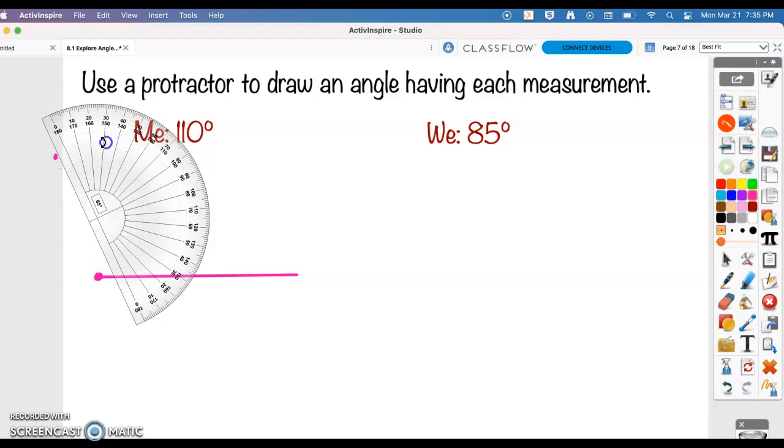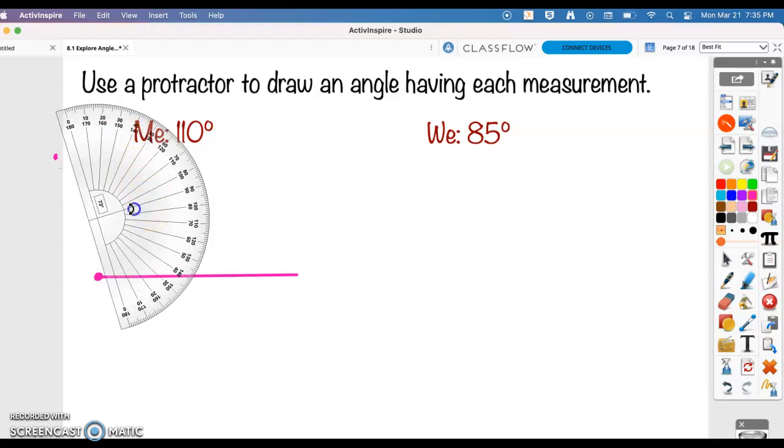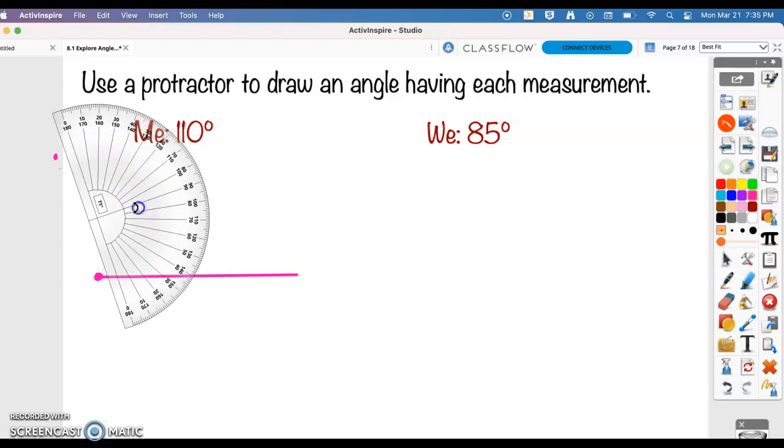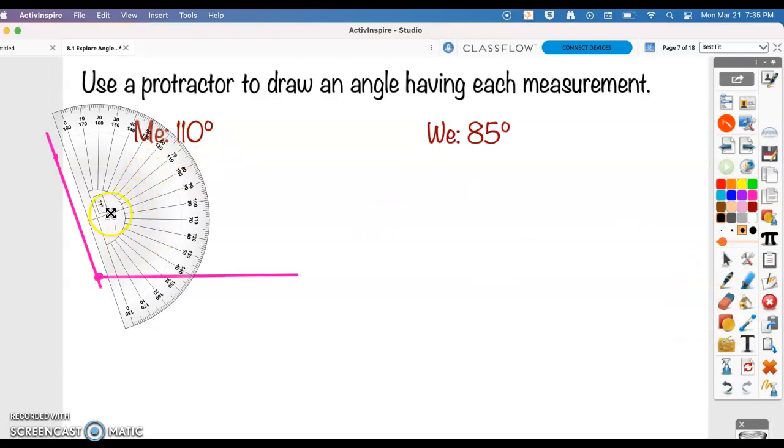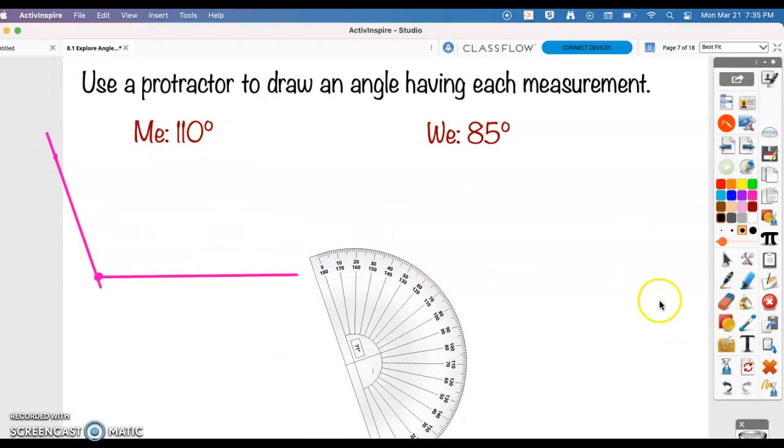Mine's a little more difficult than yours, but you'll use yours as a ruler and draw your straight line from end to end. And that angle right here, this is 110 degrees.